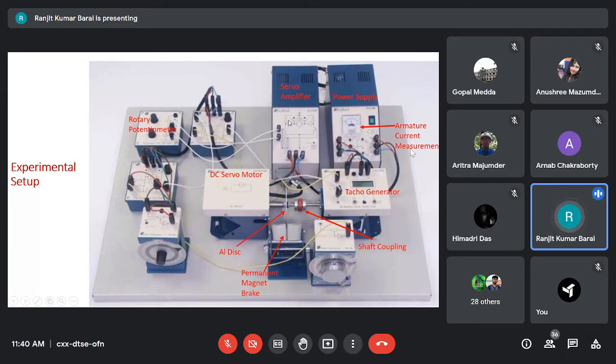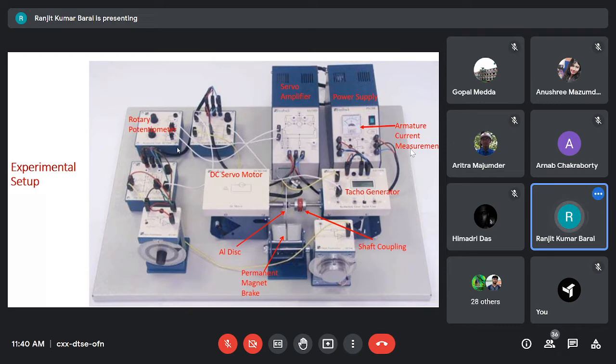If we remove this servo amplifier from this circuit and directly connect the output of the control signal to the armature, what will happen? The motor will not rotate, because the current provided by the controller, because it's a signal, is very weak. The current content or power content of the signal is very weak, so it cannot drive the motor.